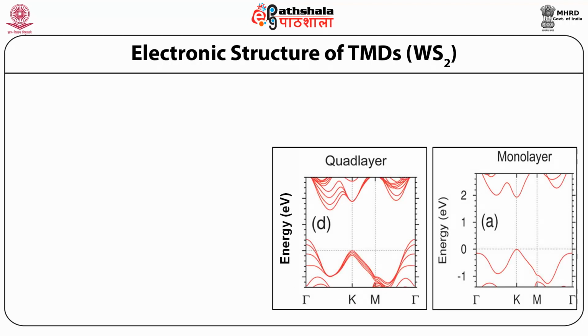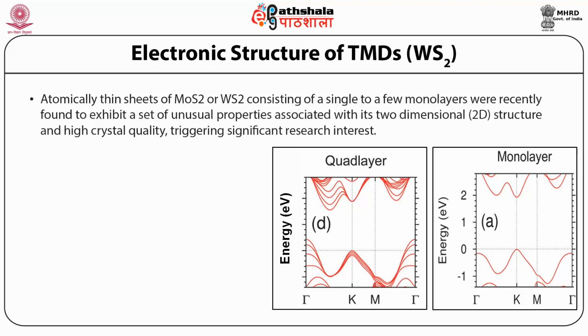I want to discuss the electronic structure of TMDs, especially in the case of WS2. Atomically thin sheets of MoS2 or WS2 consisting of a single to a few monolayers were recently found to exhibit a set of unusual properties associated with their two-dimensional structure and high crystal quality, triggering significant research interest.